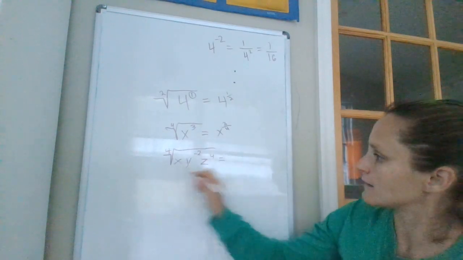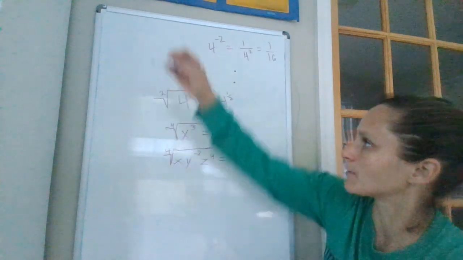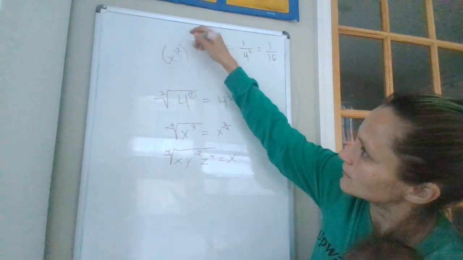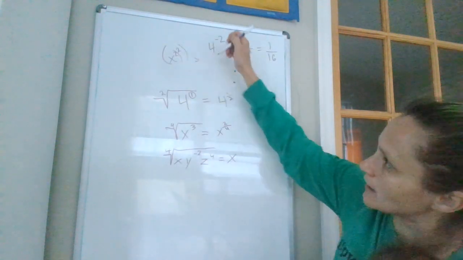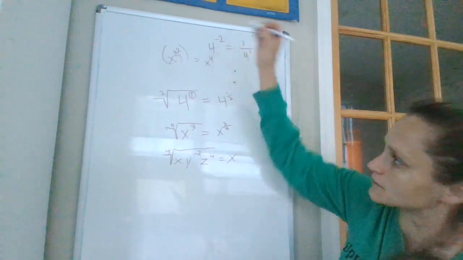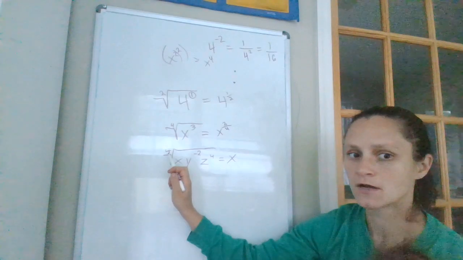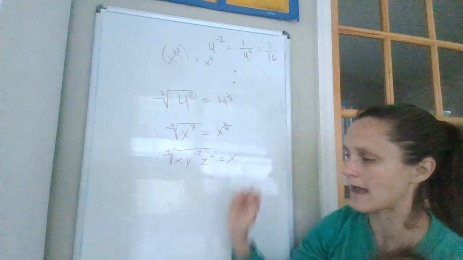So when we do that, it distributes, because remember this rule, x to the 2, we multiply those exponents. This becomes x to the 4. So it's that same concept here. This number is going to go into the fractional exponent of the x, the y, and the z.